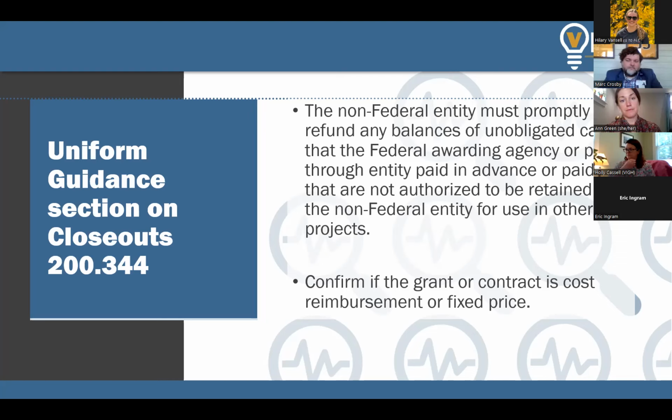Now, at the end of that period, because it's fixed price, there's not an expectation that if your expenses are less, you would have to refund money. The fixed price amount is what it is at the end of the contract period. And that amount is negotiated beforehand, before the contract is executed, so there should be a pretty good sense of what that work is going to cost.